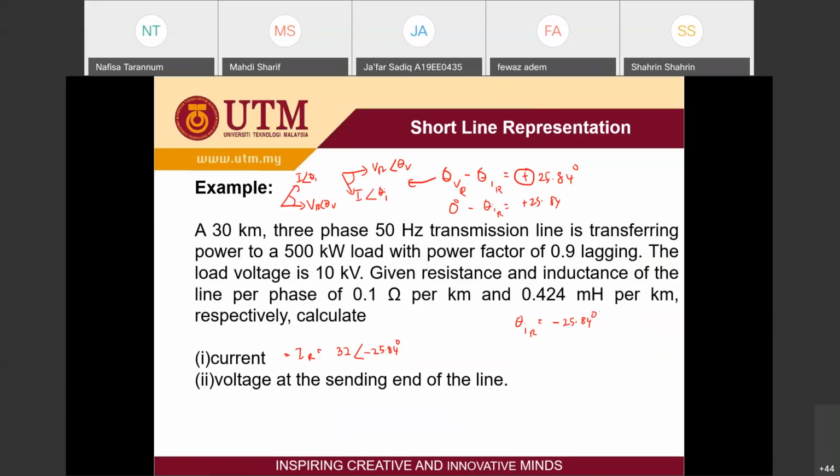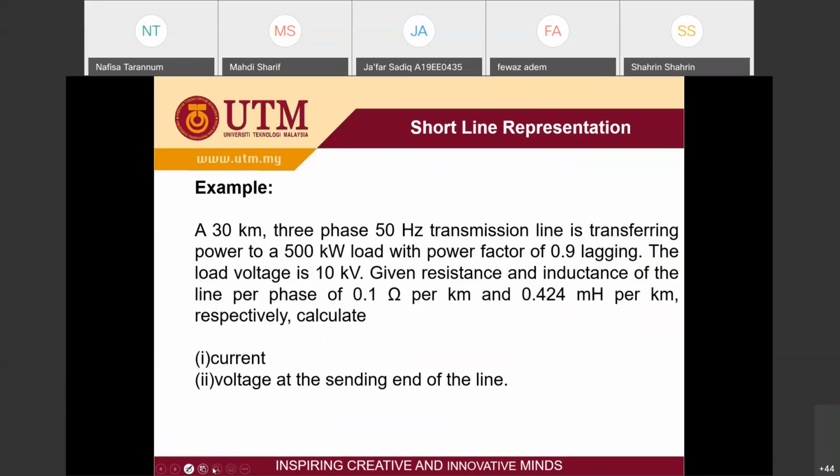Okay, next is to calculate the voltage at the sending end of the line. First of all, what you need to do is get the Z total of the line.